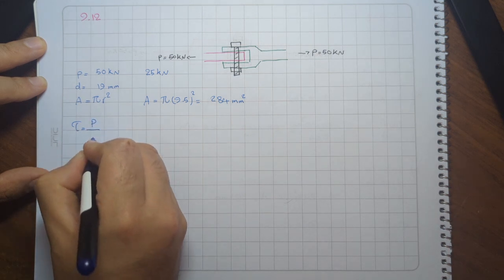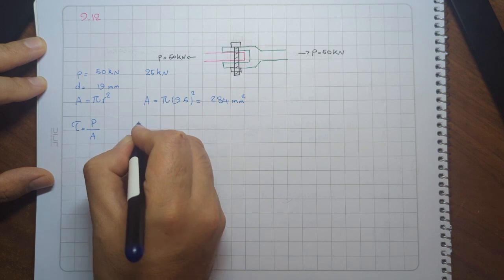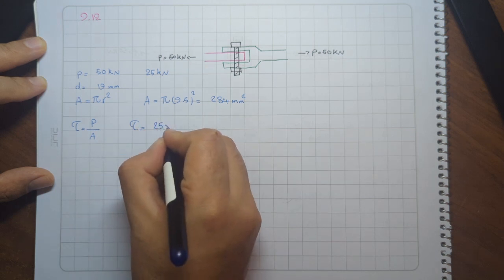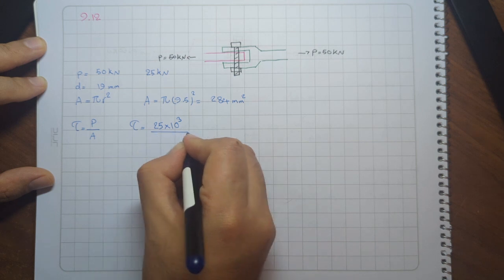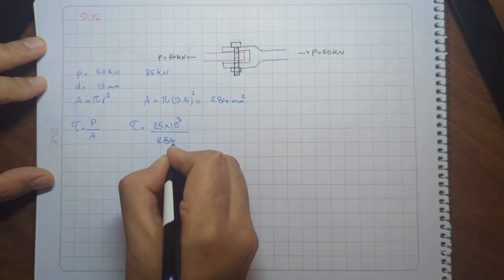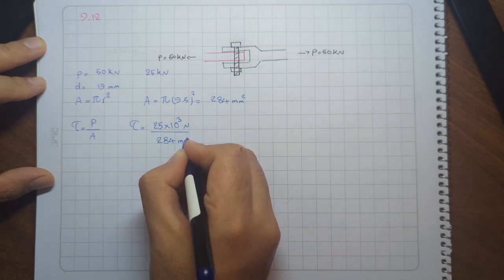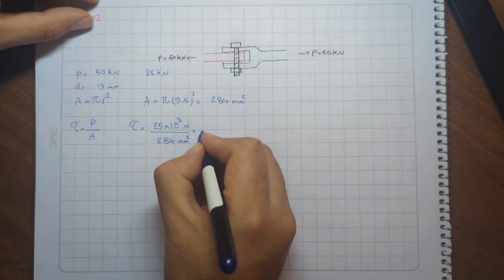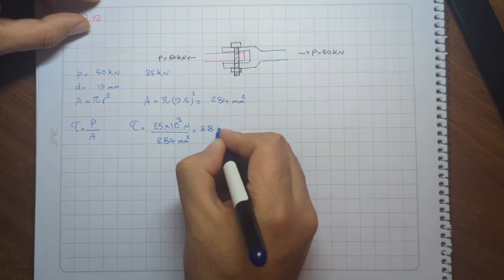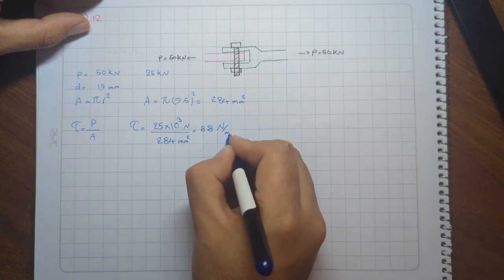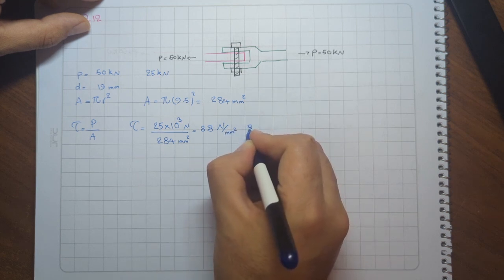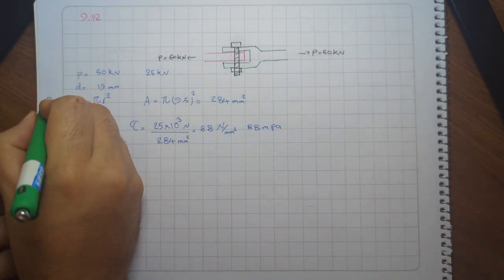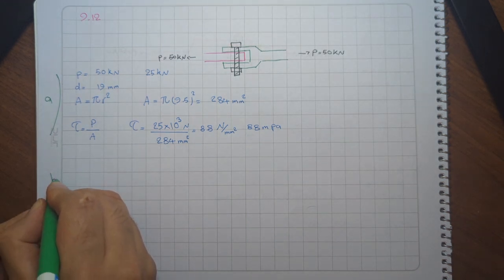Tau equals P over A. Tau equals 25, since it is kilonewtons, we want to convert it to newtons, over 284 millimeters square, equals 88 newtons per square millimeter, or 88 megapascal. This was for part A. Now part B.